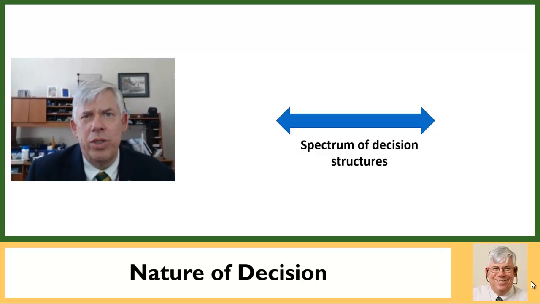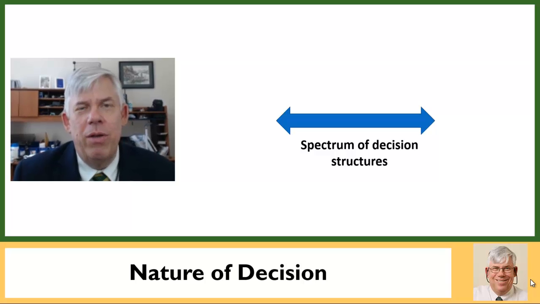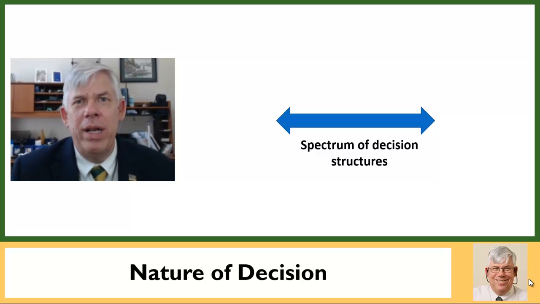Discussion cases, which are the type of cases that are almost always used in these competitions, are nearly always modeled around a decision that needs to be made. And one of the first things you need to look at when you're analyzing a case is what type of decision you're looking at. There's a spectrum of decision types that you might find in a case.